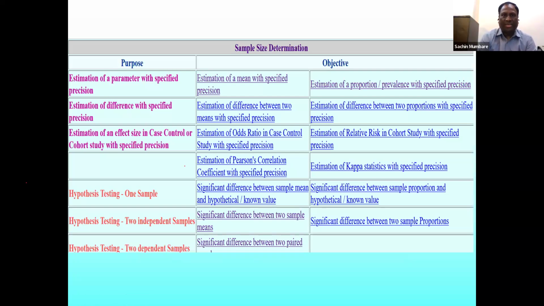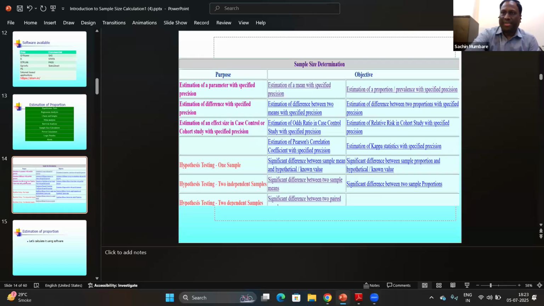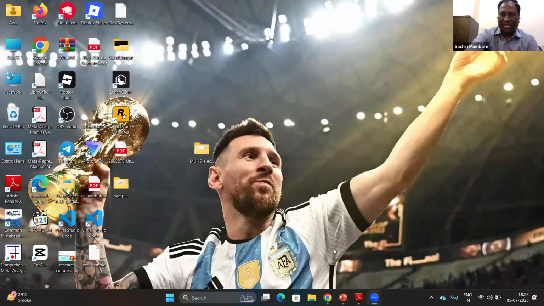Your objective of the study will determine which facility you will use for estimation of your sample size. You will actually determine the sample size using some of the examples that I have prepared. So we'll start using the software to calculate the sample size.